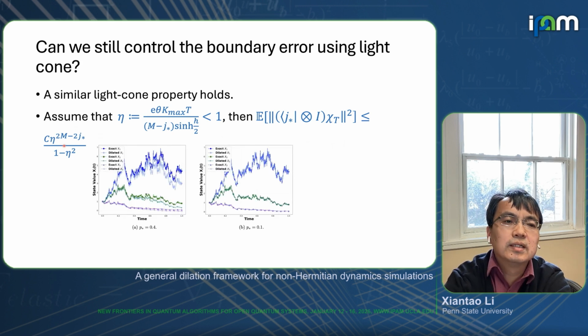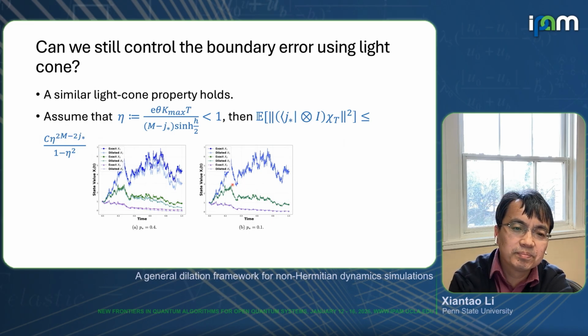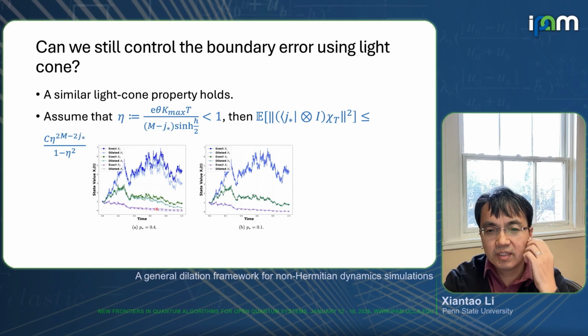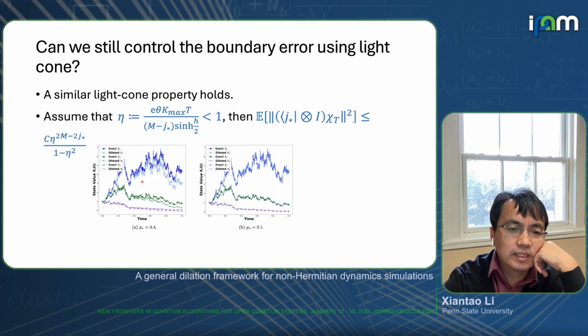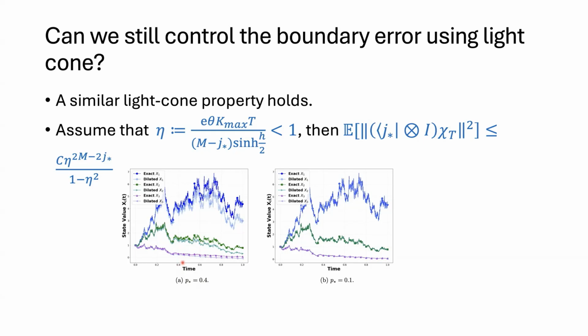So you can take the same m here so that the right-hand side is less than epsilon. This is a direct review of that. This is a numerical experiment on a 3x3 SDE system, and this is an indication of the light cone property. What happens is that if you post-select at 0.4, the error starts to show up around time 0.4. But if you post-select at 0.1, then at least in this time window, you see very little error.